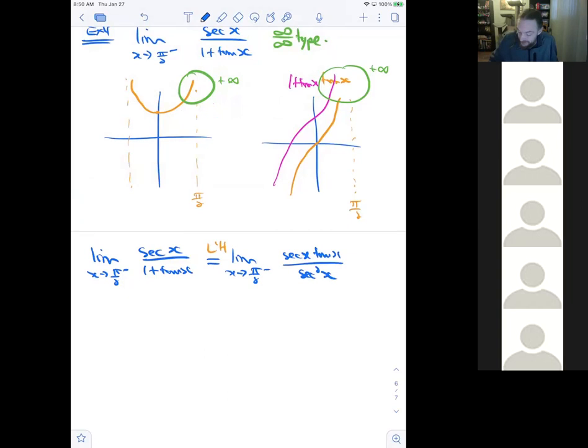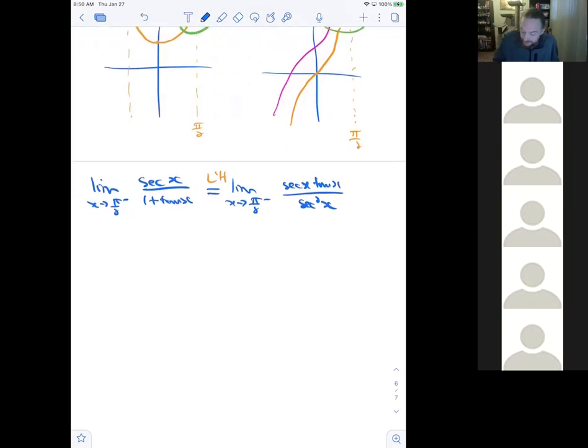If you simplify this, one of the secants cancels, and secant is 1 over cos, and tan is sine over cos, so all the coses cancel here. I'm just left with sine, which equals sine of pi over 2, which is 1.